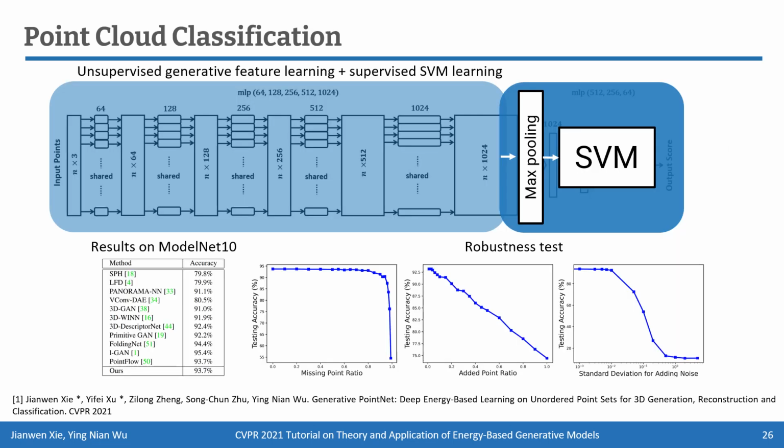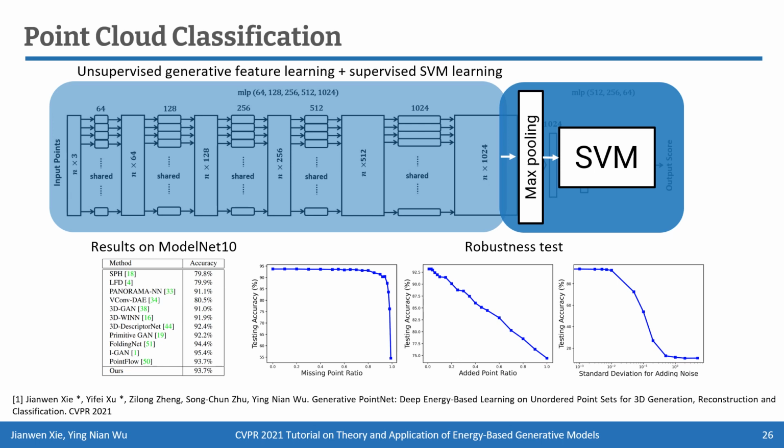The learned point encoder in the score function can be useful for point cloud feature extraction, and the features can be applied to supervised learning. We first train a single generative PointNet on the training examples from all categories.